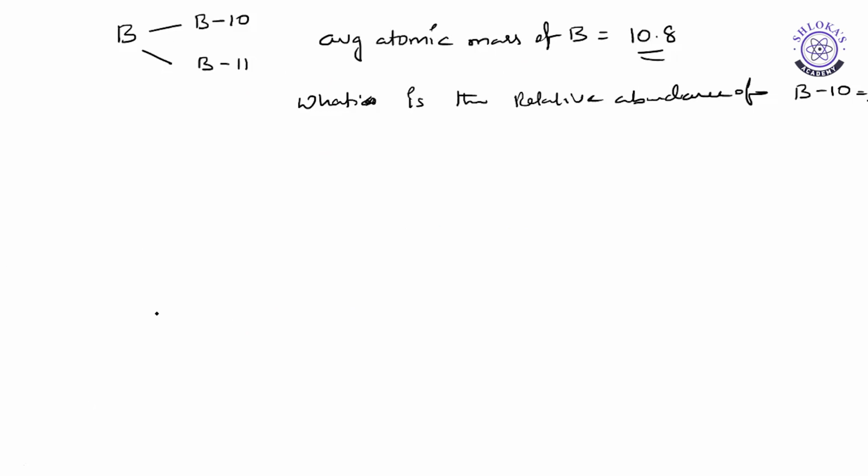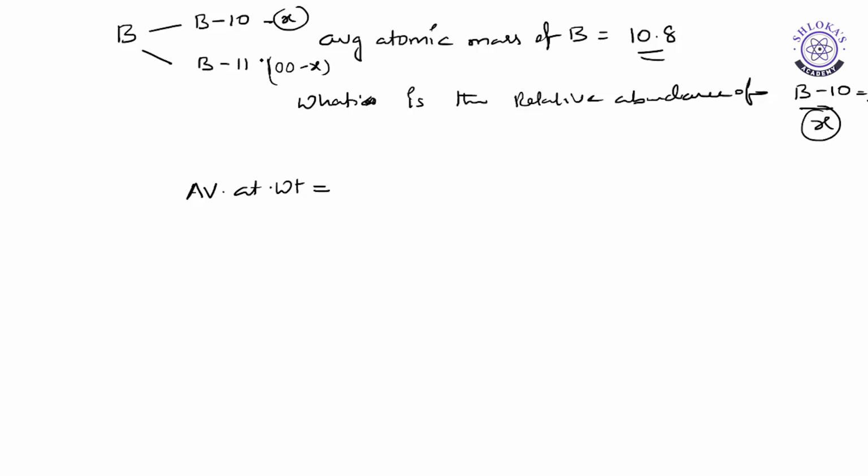Then what to do? We know the formula. Average atomic mass equals, I don't know the relative abundance of boron 10, let it be x. If it is x, compulsorily the other should be 100 minus x, because we know very well that the sum of these two abundances must be equal to 100.